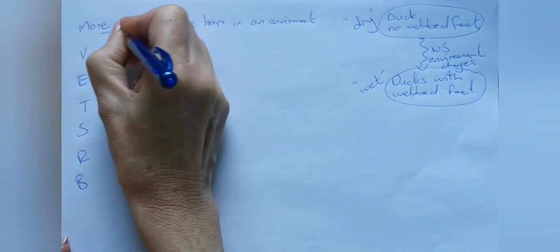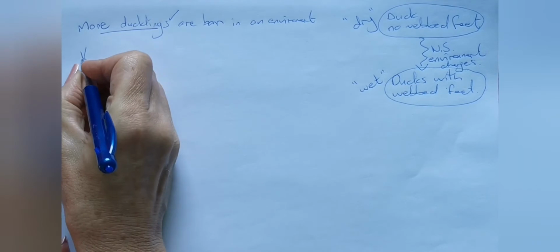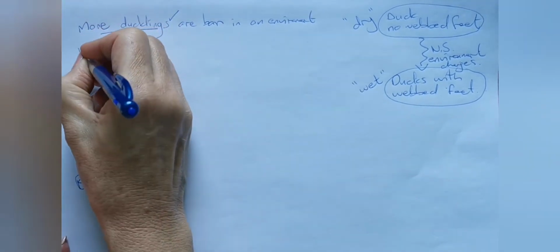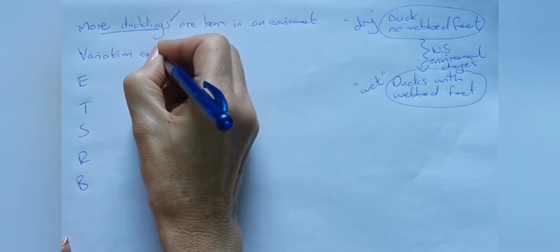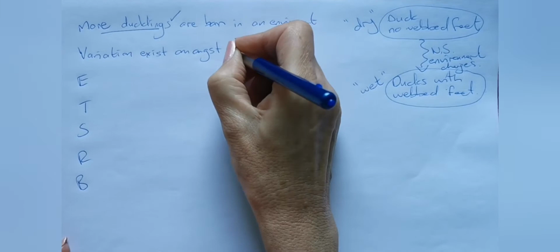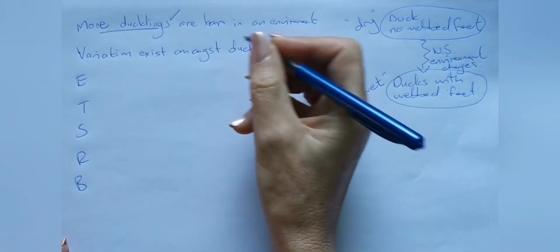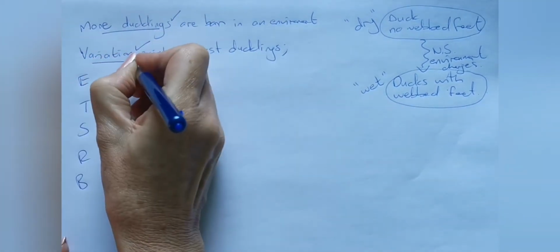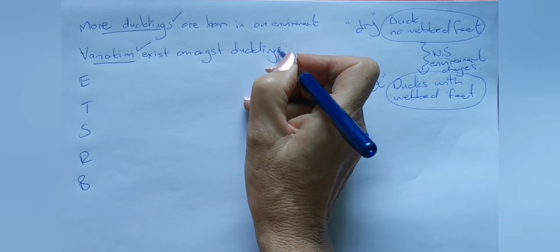Now, amongst those ducklings, which is where you get your mark, we're going to see variations. So that's why we have the V. So variations exist amongst the ducklings. But we need to say what those variations are. So although you're going to get a mark for the word variations, you will have to say what those variations are.